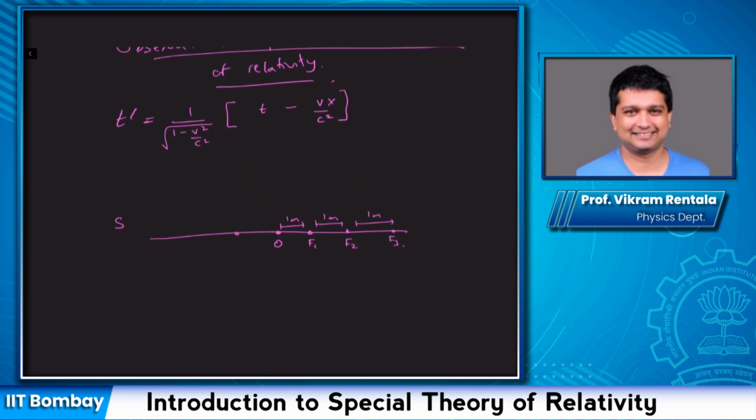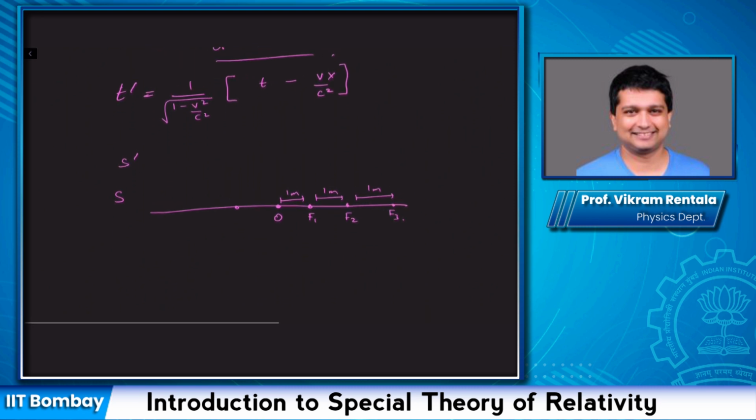So you have all these friends, and now a train goes past you, and that's in frame S prime. At any instant of time in your frame, there's a well-defined instant of time where all of you have the same value of time on your clocks.